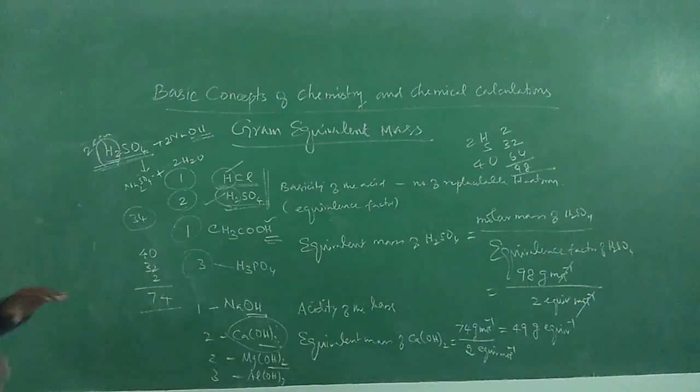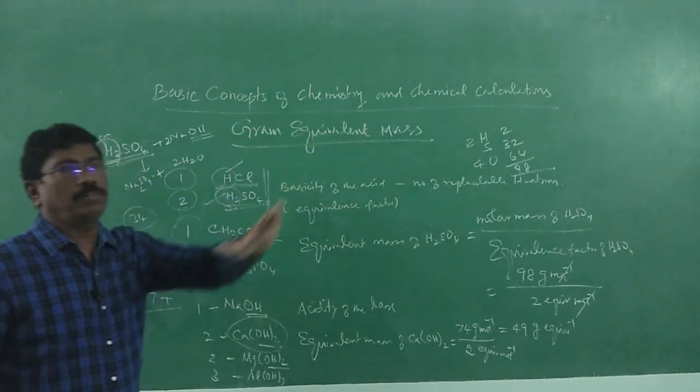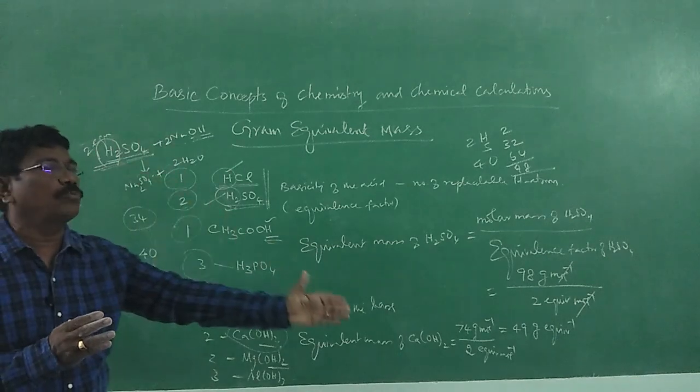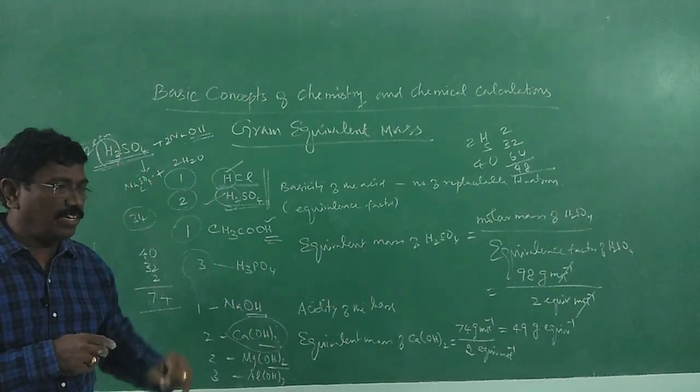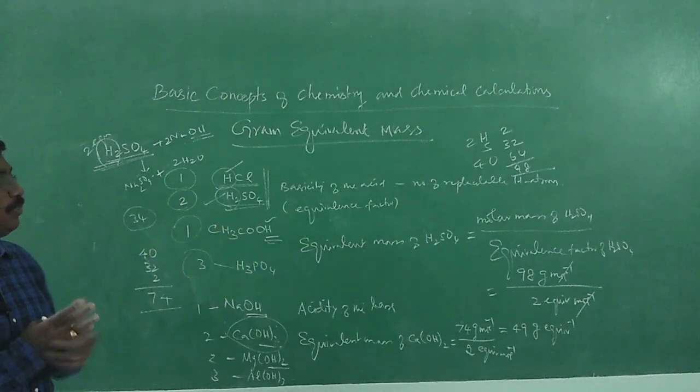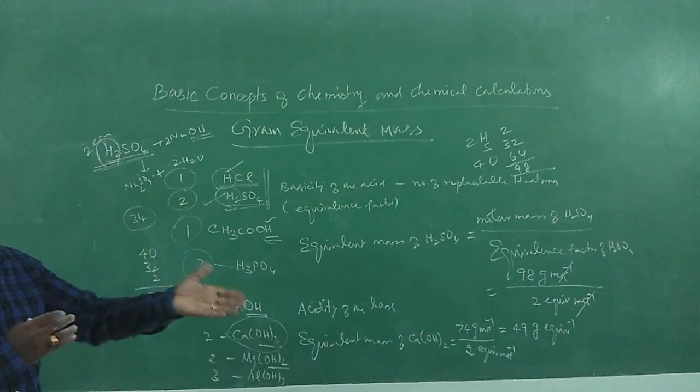Only to explain that concept, we are going for gram equivalent mass. 1 mole may not react with 1 mole always, but 1 equivalent will completely neutralize 1 equivalent of another one. Therefore, the equivalent mass seems to be more important.